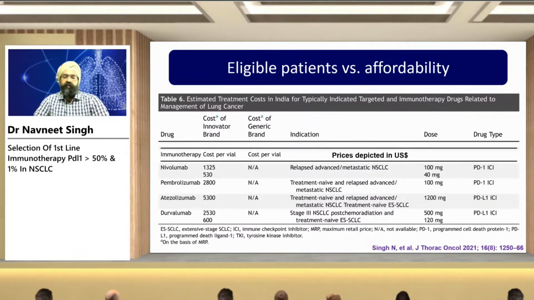And the reason is very clear, that there is a very big gap between the patients who are eligible versus those who can afford. And you can look at this pricing depicted in obviously US dollars. It is phenomenal and surpasses the monthly income or sometimes even the 6 monthly income for a lot of patients.